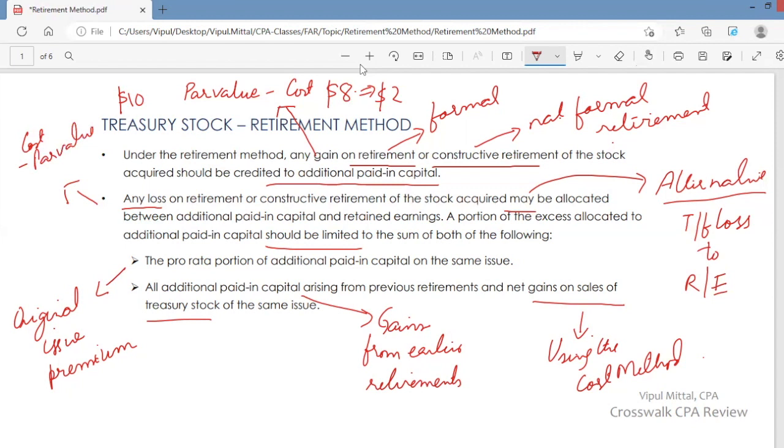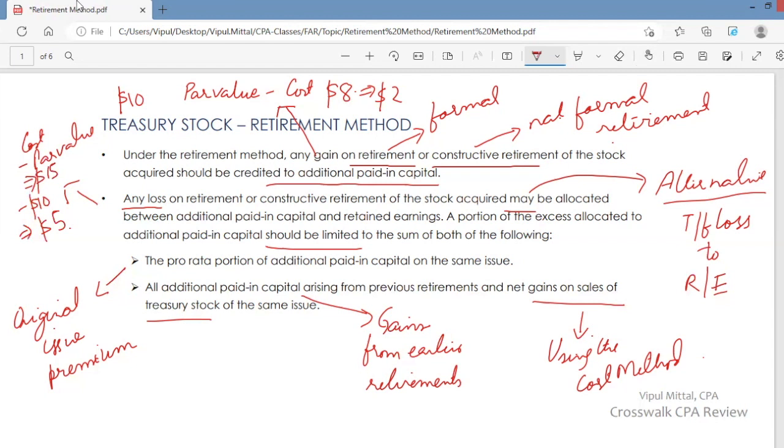So if you have bought shares for $15 and par value is $10, there is a loss of $5. How do you account for this loss? One alternative is that you transfer the entire $5 loss to retained earnings, or you can allocate this $5 to additional paid-in capital and retained earnings.